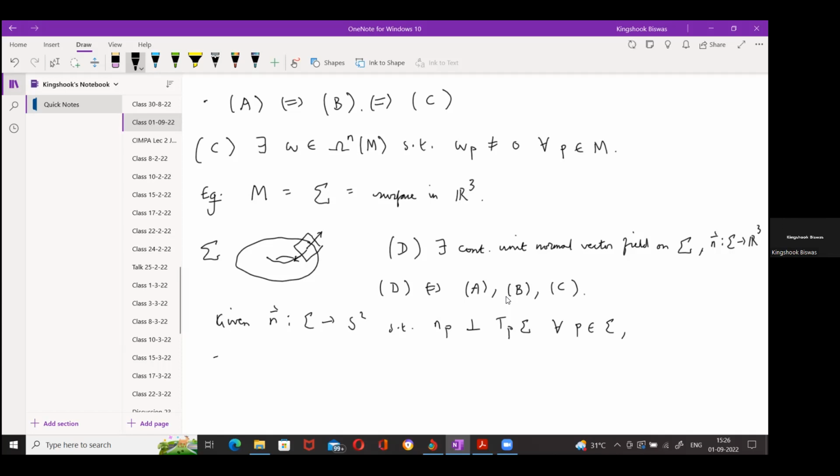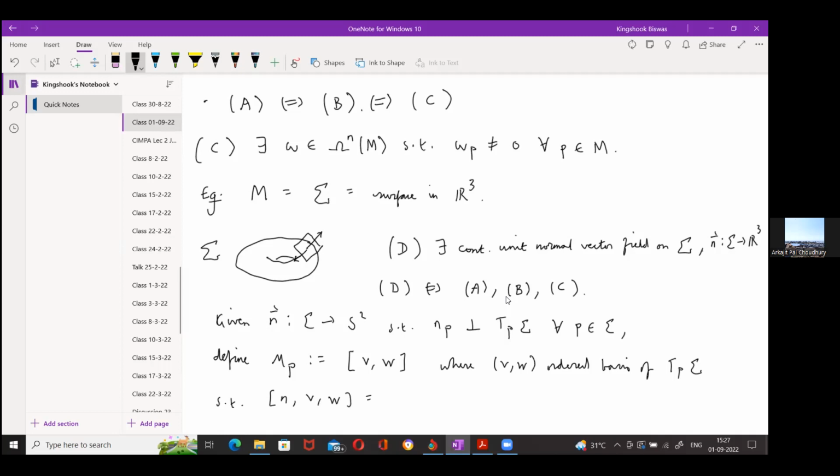you define mu p to be the equivalence class of any ordered basis v, w of T p sigma such that N, v, w is equal to the standard orientation nu naught on R3.